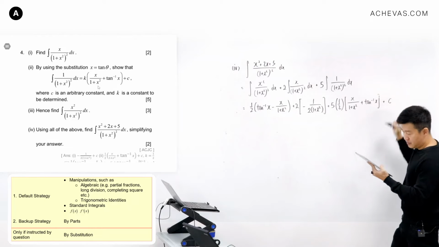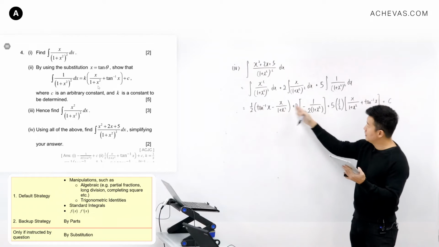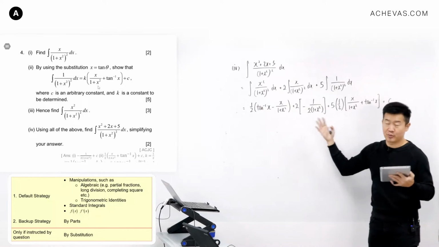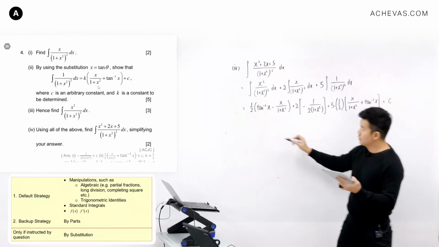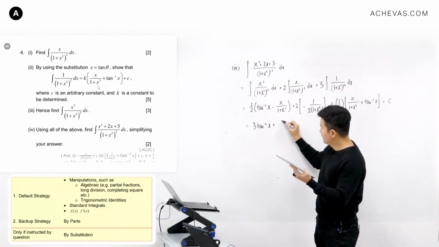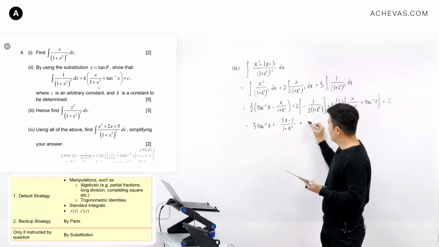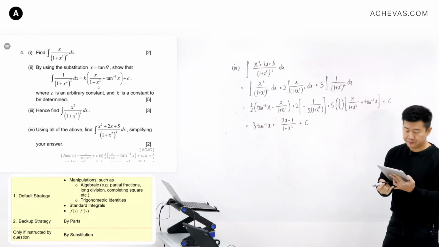So I have this plus c, and if I were to just consolidate all the tangent inverse x together and group all the rest of the algebra together into one single expression, you are going to end up with 3 tangent inverse x plus 2x minus 1 over 1 plus x squared plus c.